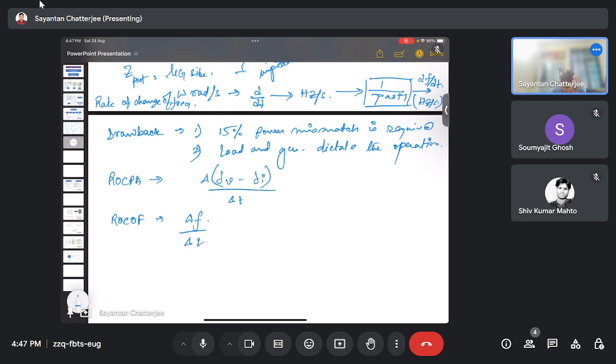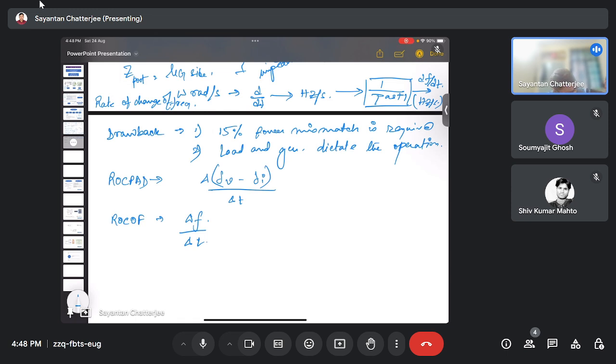So overall, based on these islanding detection techniques, the entire grid protection system, the microgrid protection, is delivered. Now, in this case, ROCPAD is the rate of change of phase angle deviation. PAD, we can also say, rate of change of phase angle deviation.